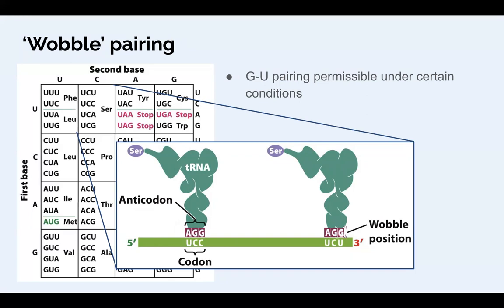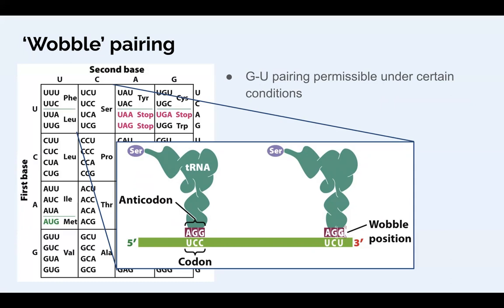It's not a great bond, but it's an acceptable chemical bond to match a G nucleotide against a U nucleotide. And in the process of translation, that is allowable only at this 3rd position. So the 3rd codon position is allowed to do a little bit of this wobble pairing.